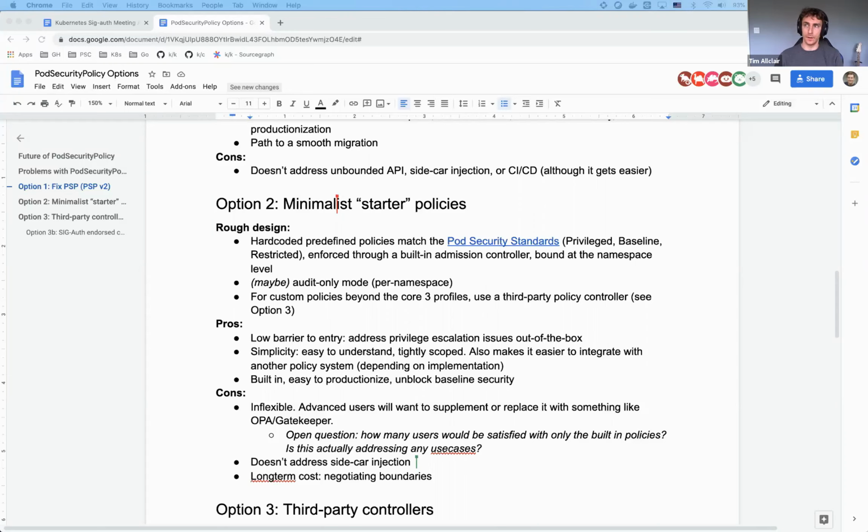I think the problem is that we haven't been able to agree on what the right path forward is for pod security policy. I think if we chose one of these options and scoped pod security policy in a better way, and addressed these more systematically, I do think that we could make that happen.